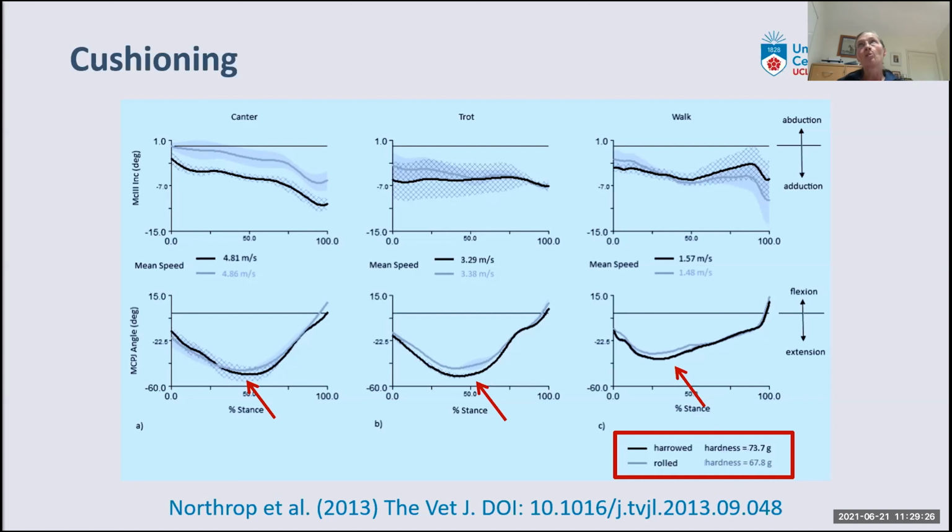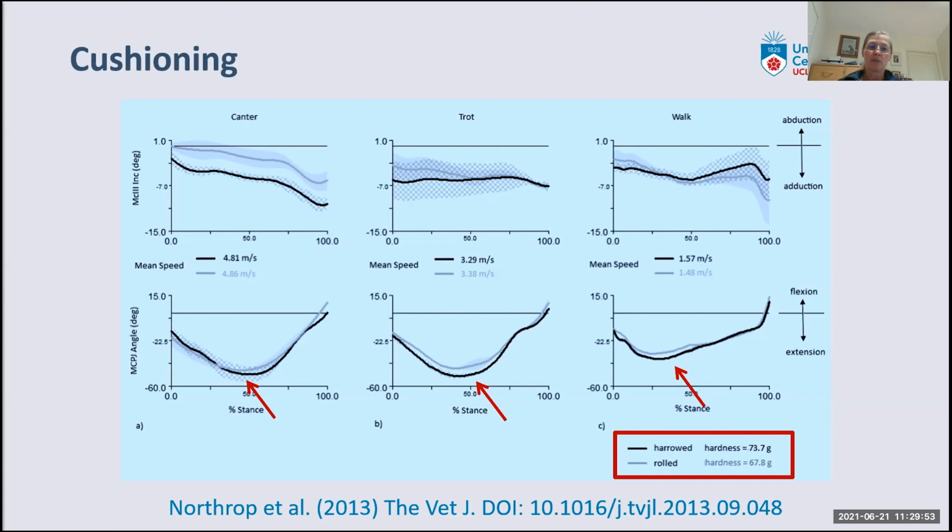Going back to an old paper by Jeremy Byrne a few years beforehand, he suggested that with a surface that was more harrowed, if the hoof went into the surface and there was a greater amount of shear resistance that held the hoof, then potentially that might mean that you had a high load on the limb, which would fit with these results.